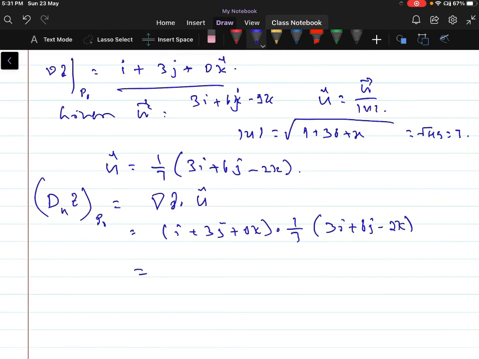So this is equal to i dot i is 1, so 1 into 3, that is 3. The 1 by 7, take it outside. Then 3 into 6, 18. j dot j is 1 and k dot k is 1 and 0 into minus 2, that is 0. So 21 by 7, that is equal to 3, so 3 is a scalar quantity.